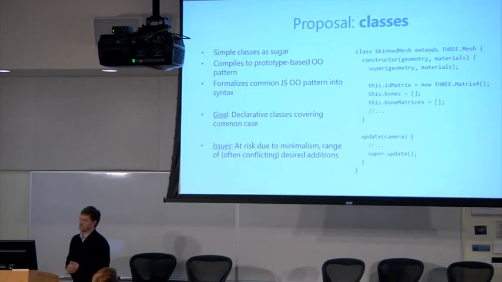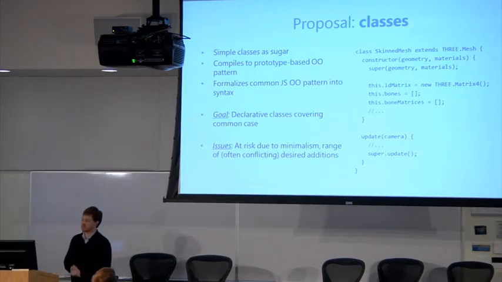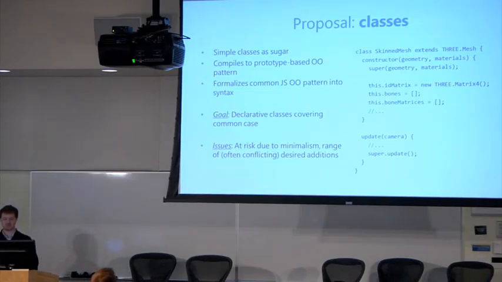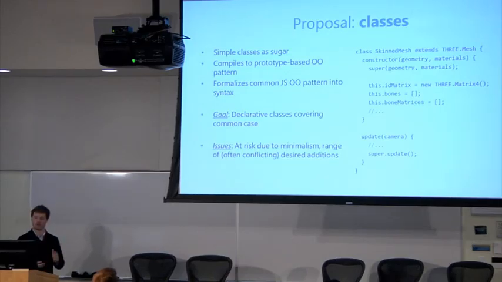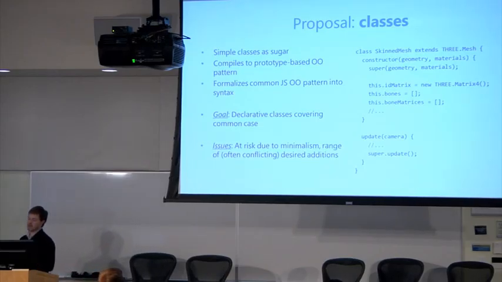Okay, so classes. It took me this long to get to classes, which are of course one of the most commonly raised things in JavaScript development. Classes are very controversial in the JavaScript world. ECMAScript 4 had a proposal around classes, and ever since then there have been several variations of class proposals.